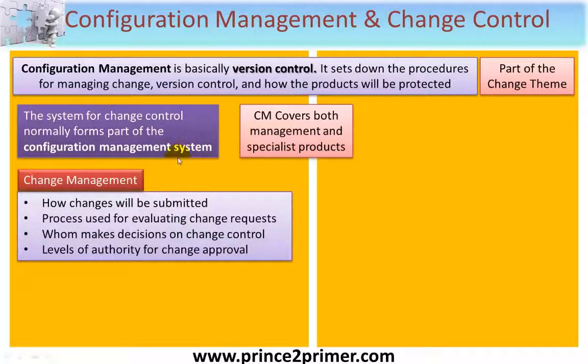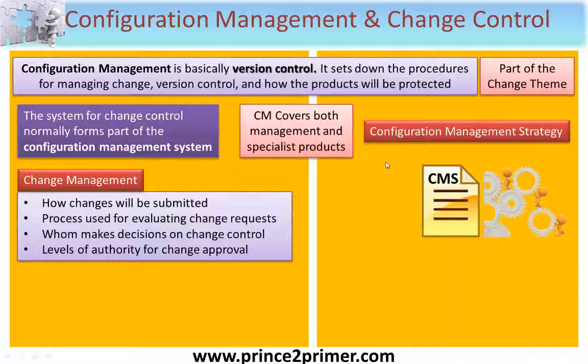So just before we get into configuration management in detail, let's remind ourselves that the strategy for implementing change management within a PRINCE2 project is to decide first of all how changes will be submitted, what the process is to be used for evaluating change requests, who makes decisions on change control, and the various levels of authority for change approval.